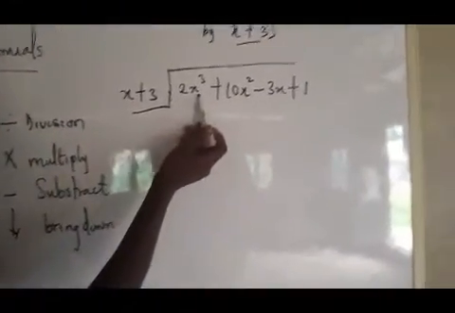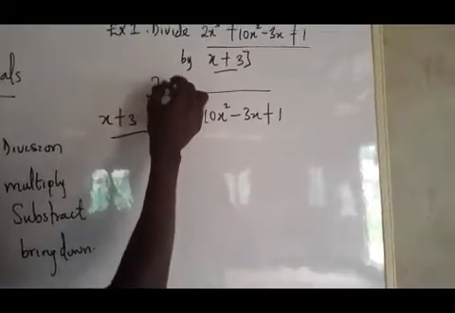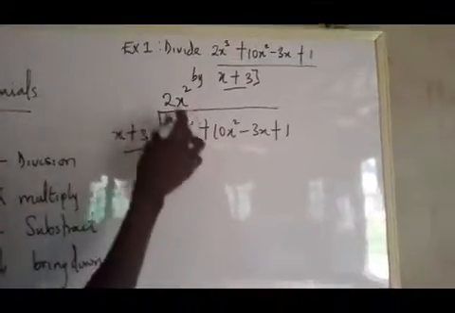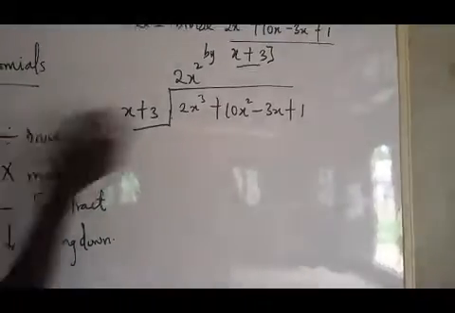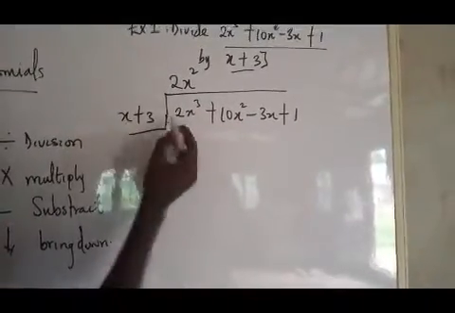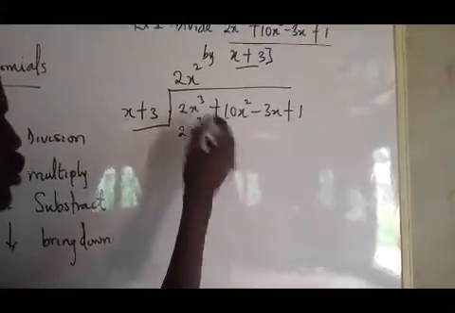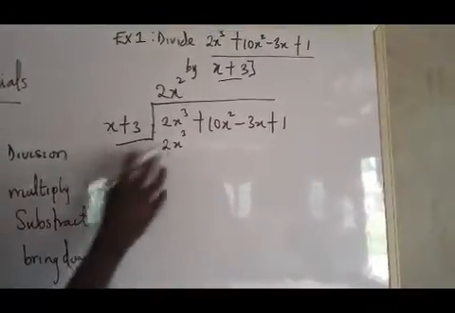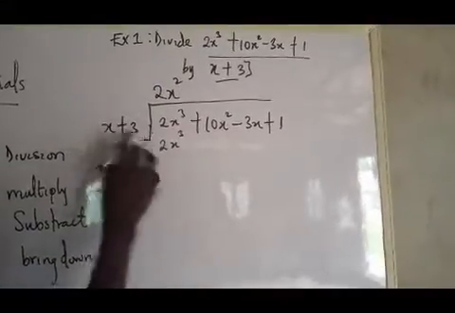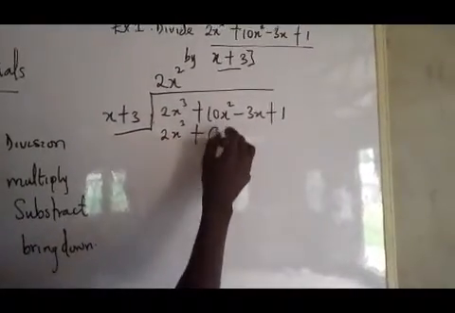x goes in 2x cubed. It will remain 2x squared, because x will cancel one x, it will remain 2x squared. So I've done division. 2x squared times x will give me 2x cubed. Don't forget I said multiplication will affect everything. So after that, 2x squared times 3 will give you 6x squared.